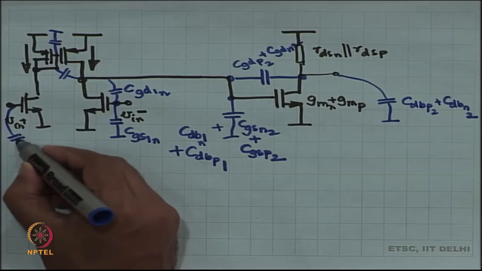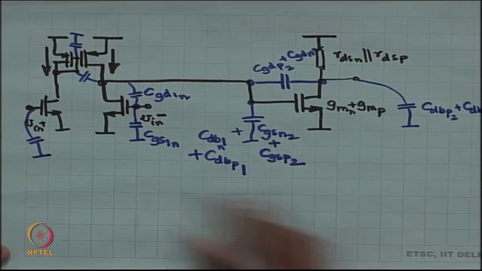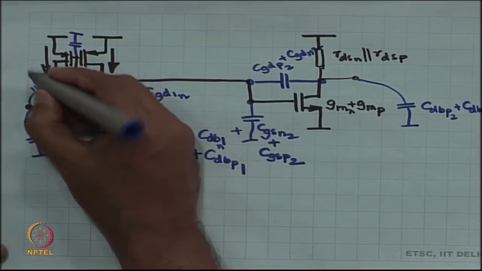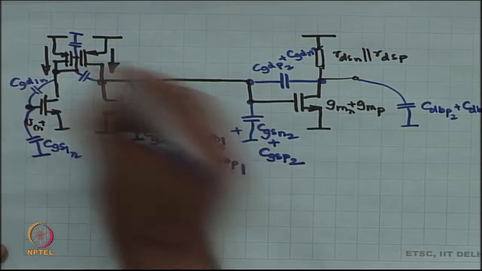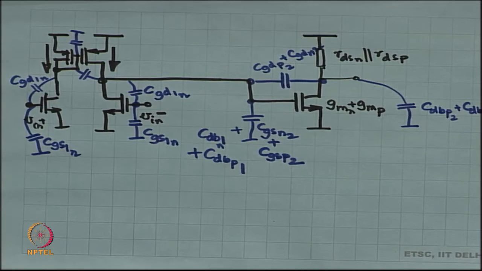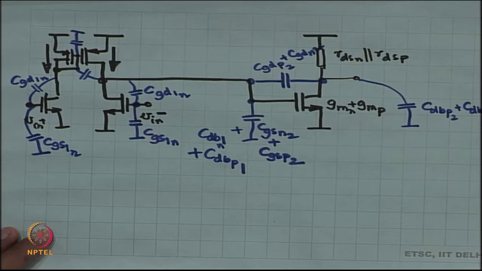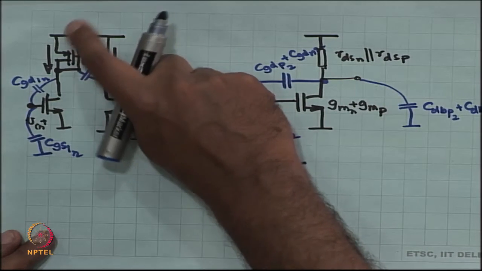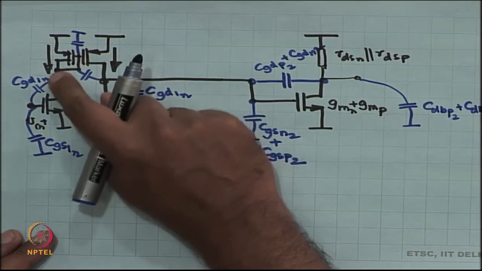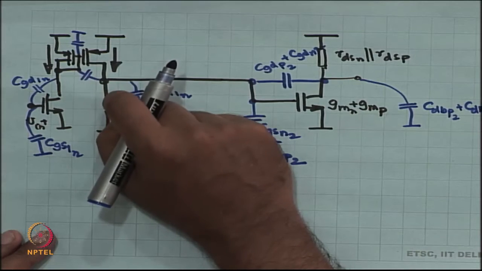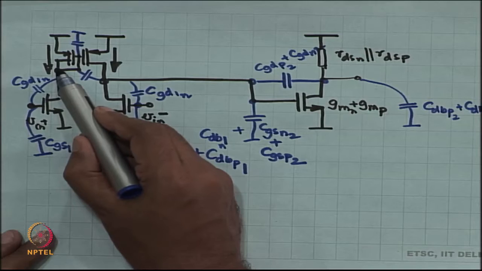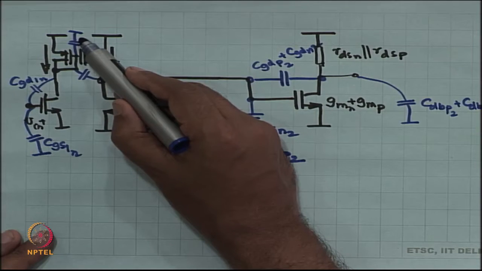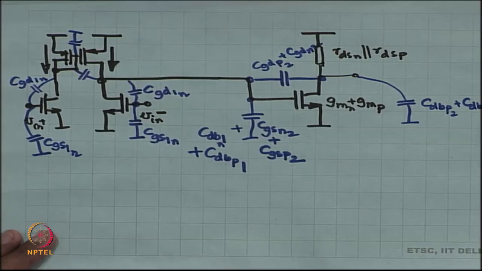Similarly, we have capacitance for the other NMOS, and for the top corner PMOS we have capacitances, gate to source which adds on to this, we have gate to drain which is shorted out, we have drain to body which gets added on to this, right, and source to body which is shorted out.